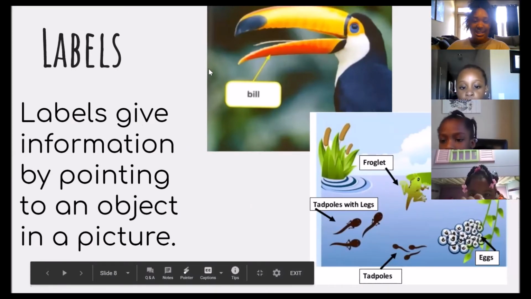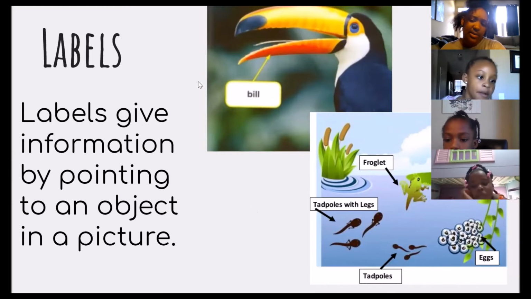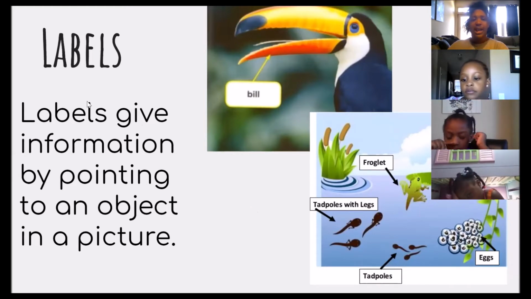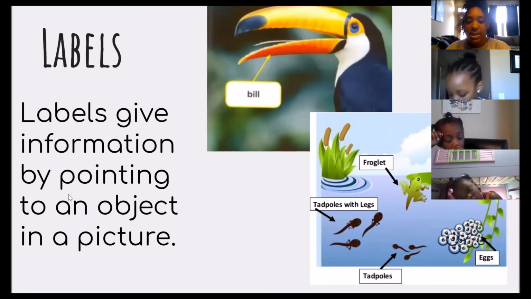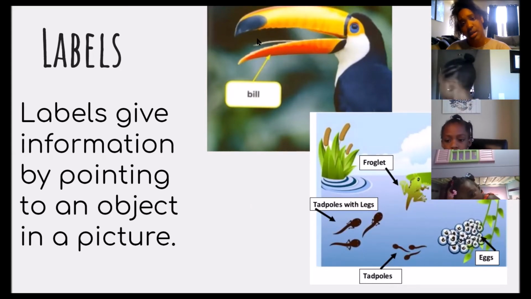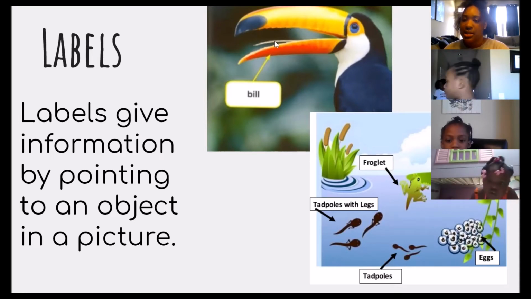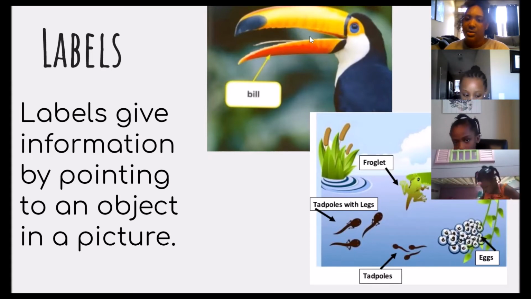All right, next, labels. I think we kind of talked about this too. Labels give information by pointing to an object in a picture. So look at this picture of this toucan. I think it's a toucan. They have this word here, and they're pointing to the bird. It's pointing to the bill.